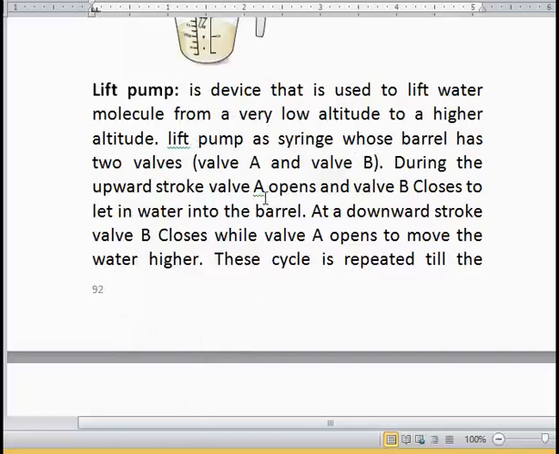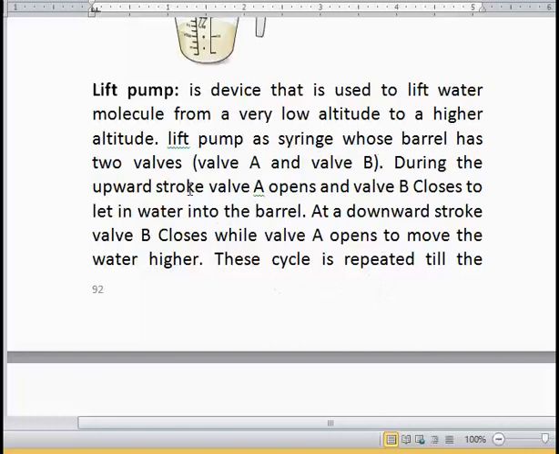So for you to do that, you use a lift pump. The lift pump creates an atmospheric pressure difference that will cause the liquid to move from that very low altitude against gravity to a higher altitude where it is being collected.